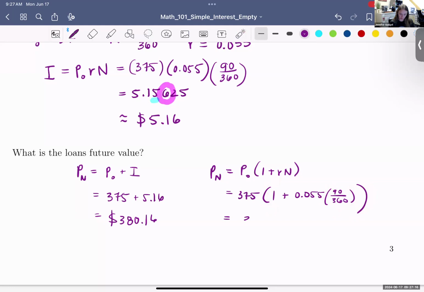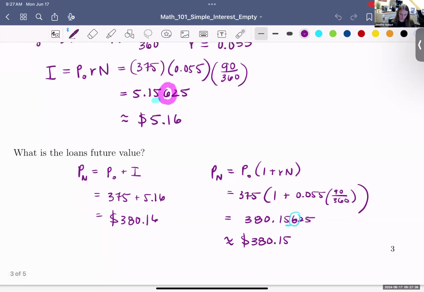When you put this in, you should be getting, I believe, 380.15625. Then of course we round that in the same way we rounded above. We're looking at this value to determine if that 5 is staying the same or going up. Since it is a 6 that follows, 6 is 5 or above, so we round it up.